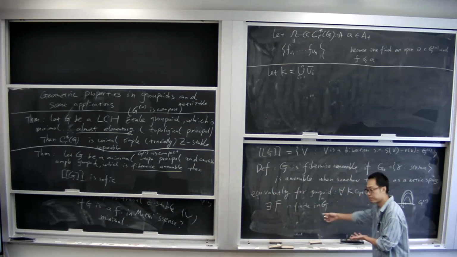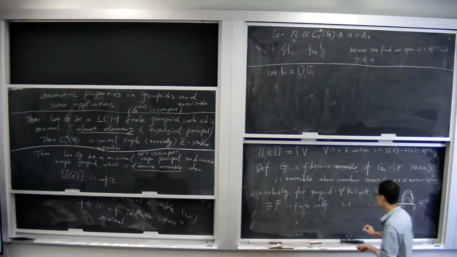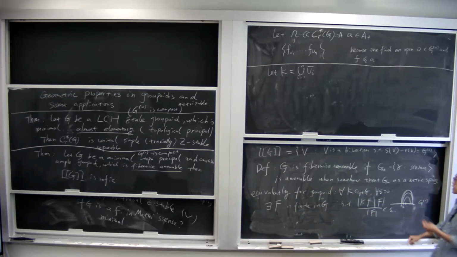You can find a finite set in G such that |KF minus F| over |F| is not bigger than epsilon.